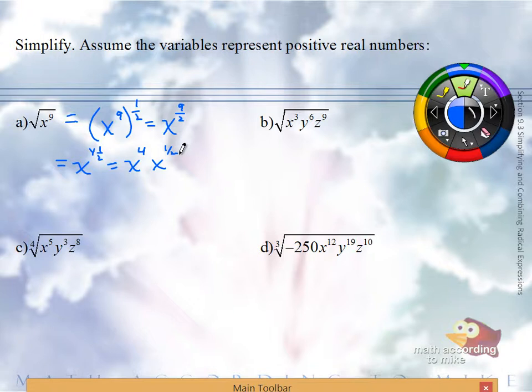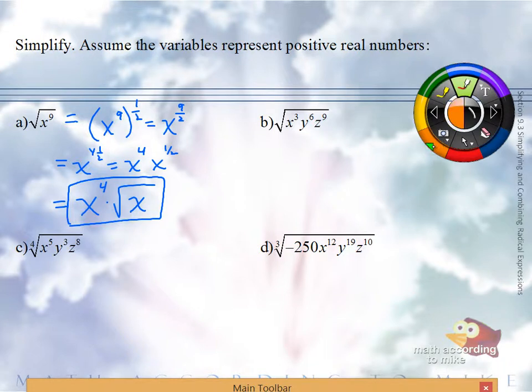So when you have a base to a sum, you can break it up as a product. That was our number one exponent rule in reverse. Well, 4 is whole, so that can stay on the outside. 1/2 is still a fraction, a proper fraction, so I can write that as square root of x. So the square root of x to the 9th is x to the 4th times the square root of x.